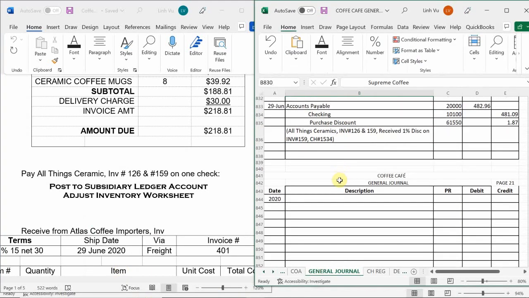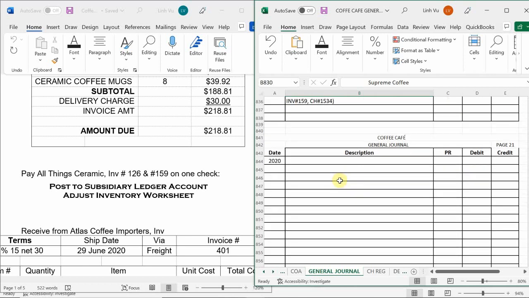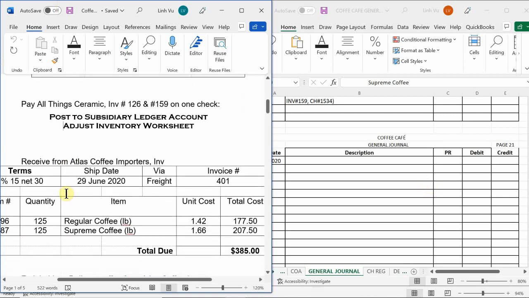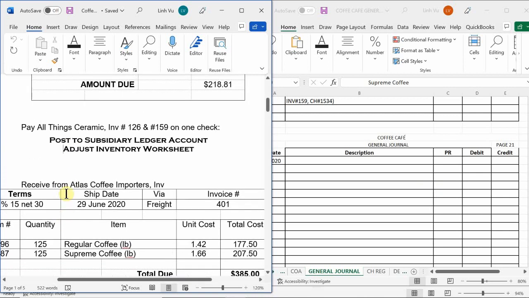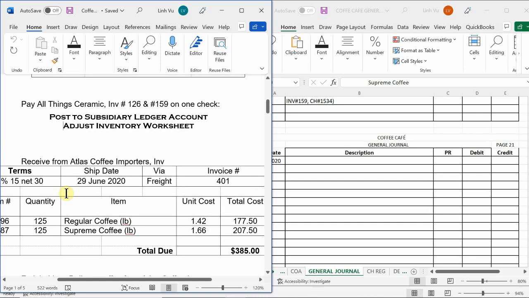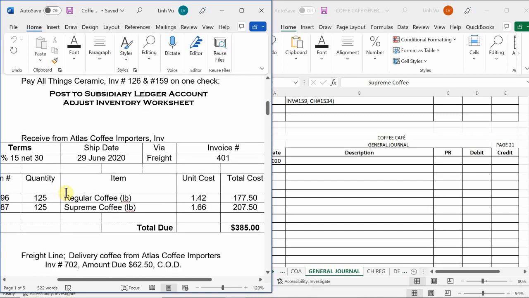So we're going to start on our new journal, page 21 here. Okay, so our new page 21. And we already paid All Things Ceramics, so let's see what happened here. We end up receiving from Atlas Coffee Importers. Good, because we were running low on coffee.